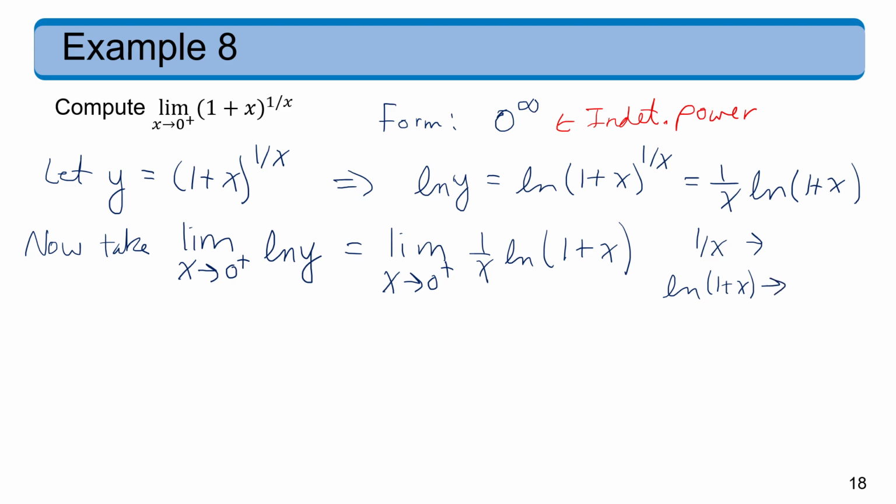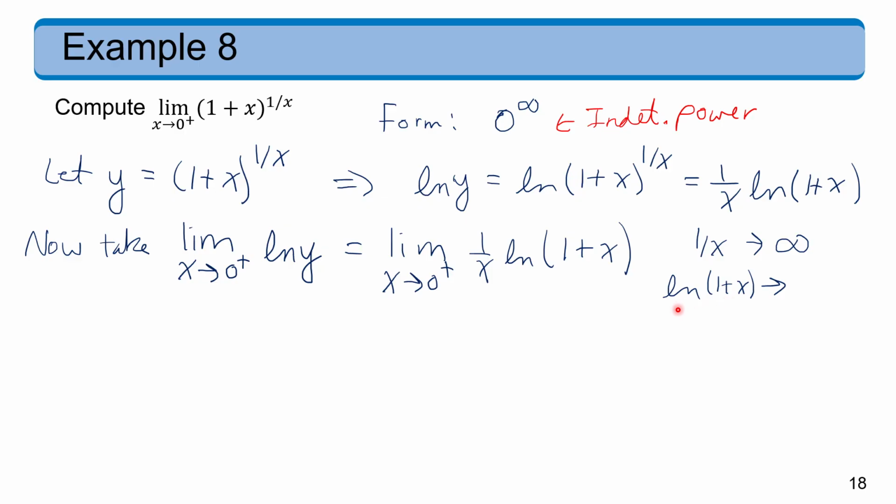So as x goes to 0, 1/x will go towards 1/0, which means it's going towards infinity. And just like before, since x is approaching 0 from the right, we know x is positive, so it's approaching positive infinity. Now what about this natural log? Inside the parentheses, since x is approaching 0, this inside part will approach 1.